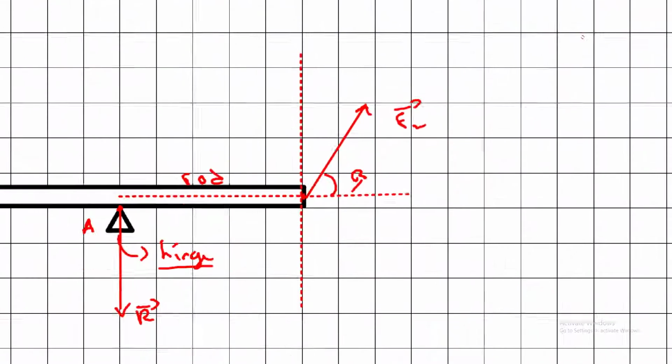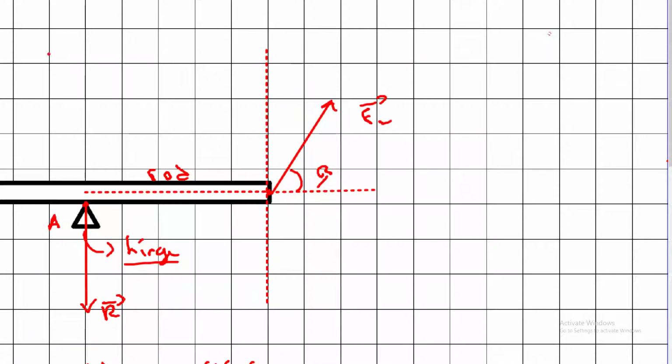And we have said that the moment of the force F2 around delta is equal to F2 tangential multiplied by the distance t.